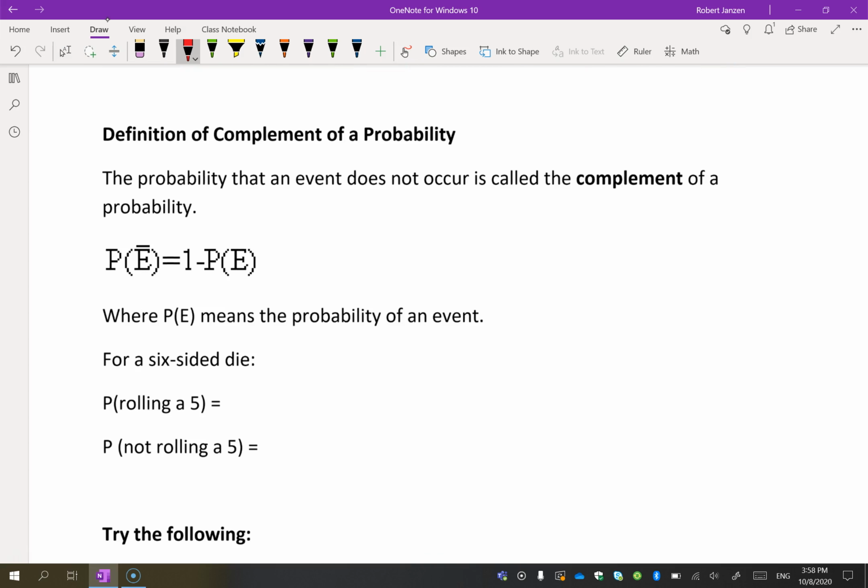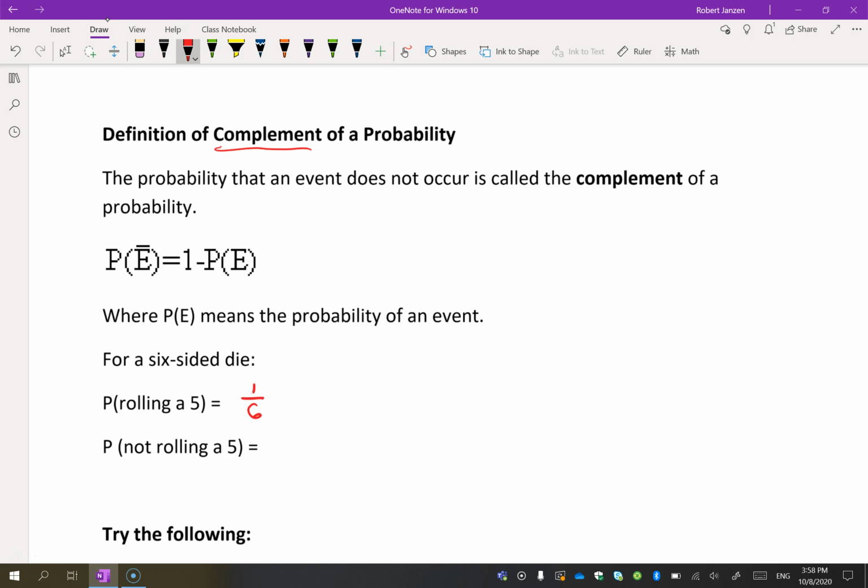And then we have something called the complement of a probability. The probability that an event does not occur is the complement. Okay, so let's look at an example. For a 6-sided die, the probability of rolling a 5, that's 1 out of 6.